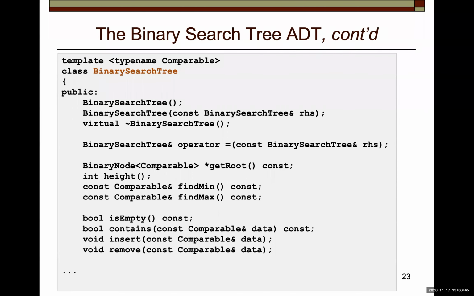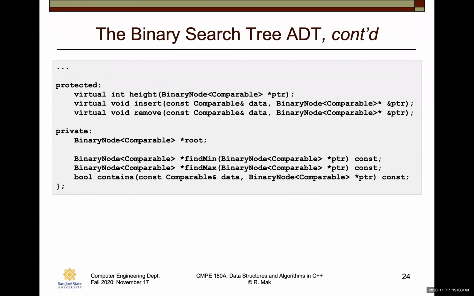But the internal versions of the functions do have a pointer to a node where you're starting the search. All right, well, let's see how we actually implement this binary search tree.